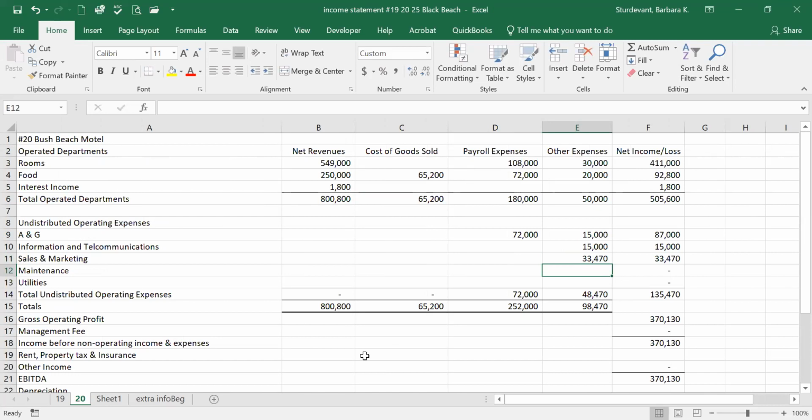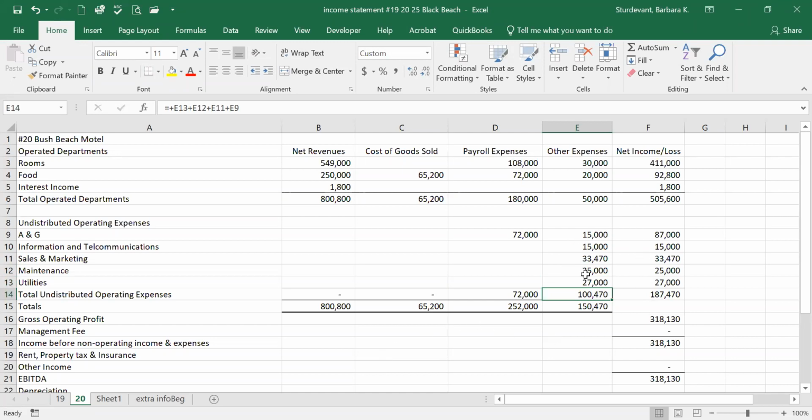Okay. Maintenance, what do we have? $25,000. Okay. And then utilities, you gotta look for a couple. What do we have this time? 27,000. Okay, so we have electricity of 15 and heating oil of 12. Okay.